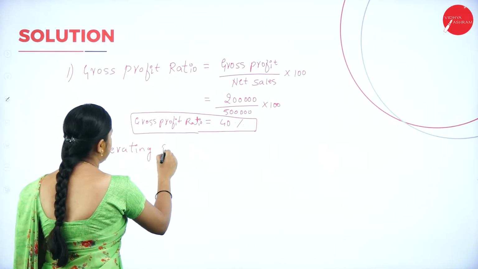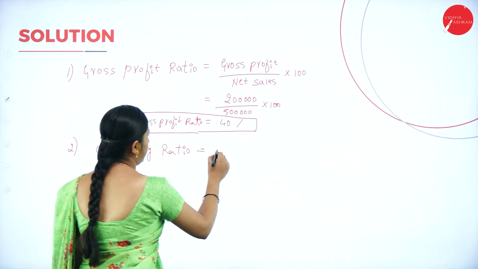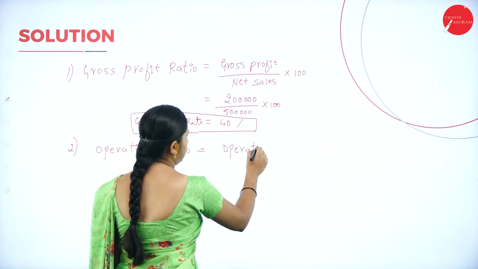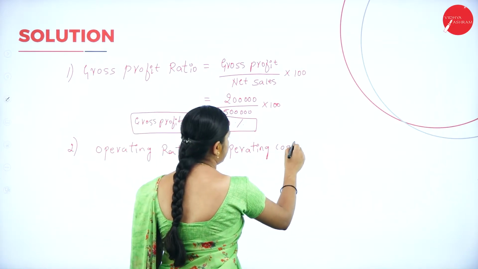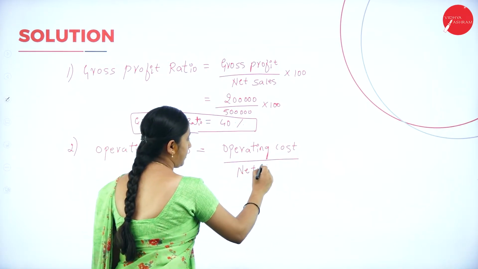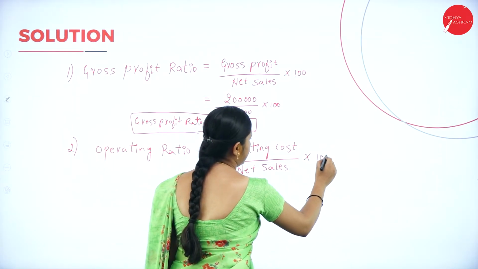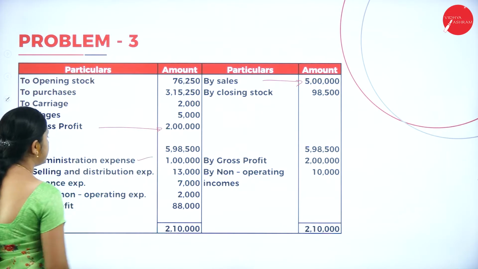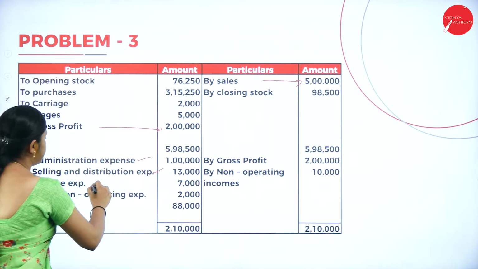Next, operating ratio. First, write down the formula for operating ratio. Operating ratio is nothing but operating cost ratio. Operating ratio is equal to operating cost divided by net sales into 100. Here in this problem, operating cost is administration expenses, selling and distribution expenses, and finance expenses.